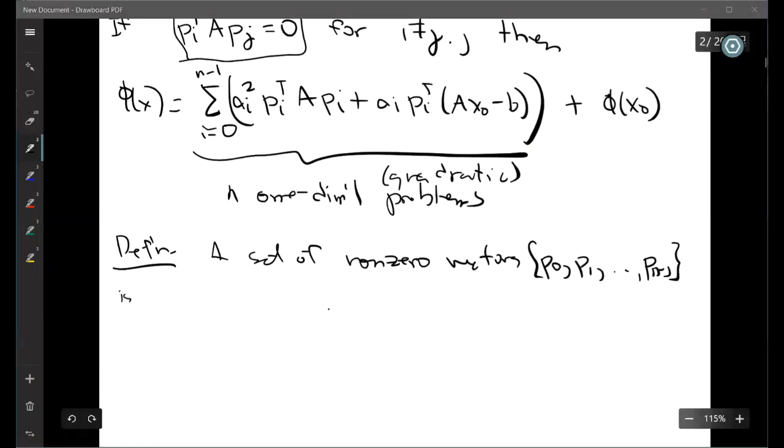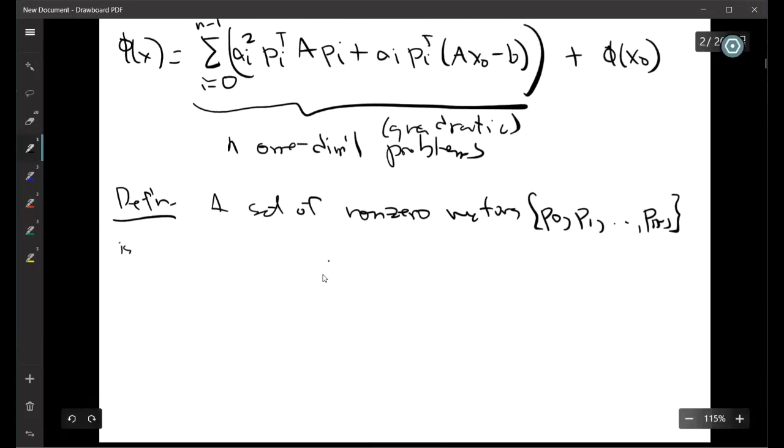Okay, I was disconnected, so let's go back. So again, we have the following definition. We have a set of non-zero vectors given by this one.